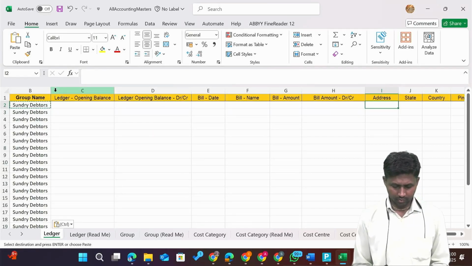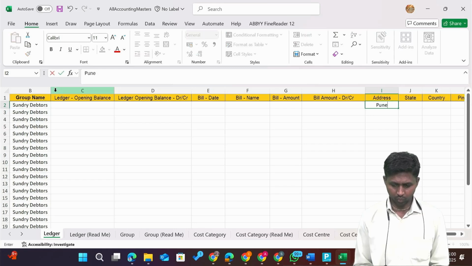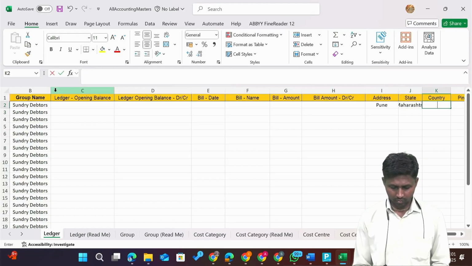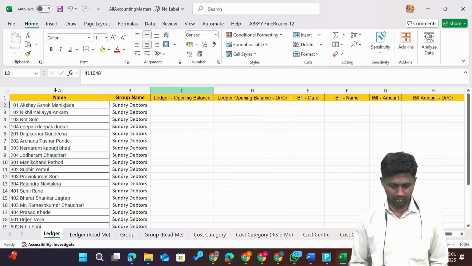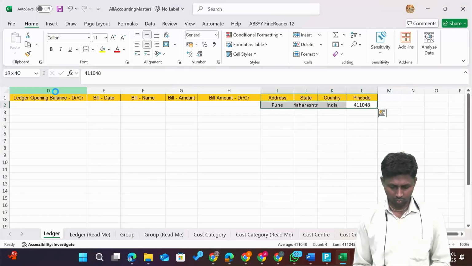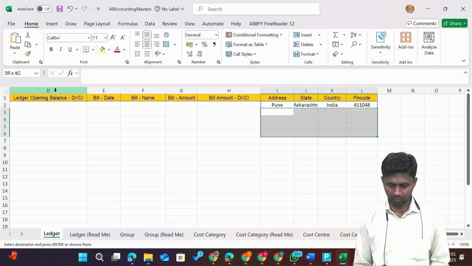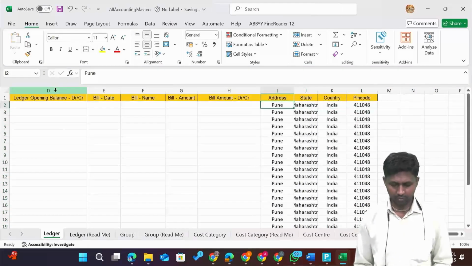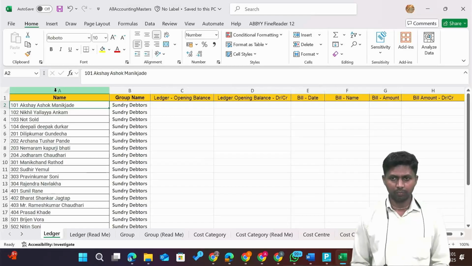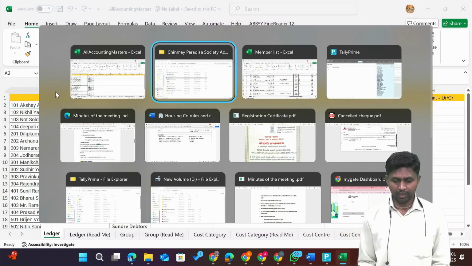Then address, let's say Pune, then Maharashtra, then India, 411048, and then after that up to the 25th row. Okay, just copy and then up to the 25th row, paste it, save it. Okay, over. Now just import this file, save, then tally.